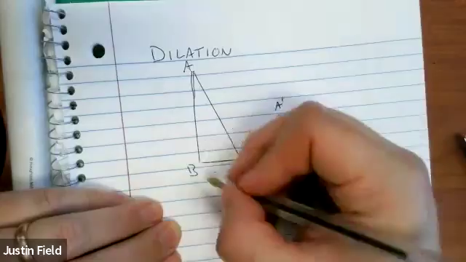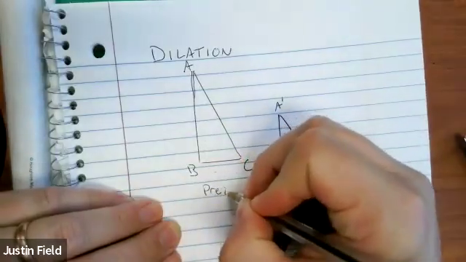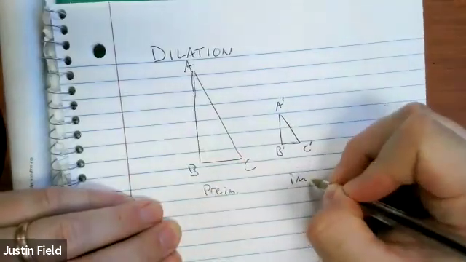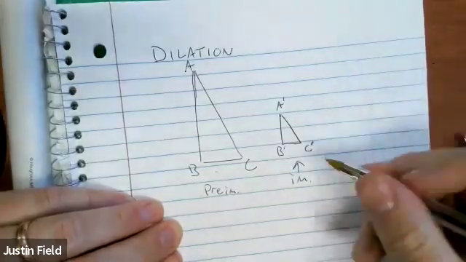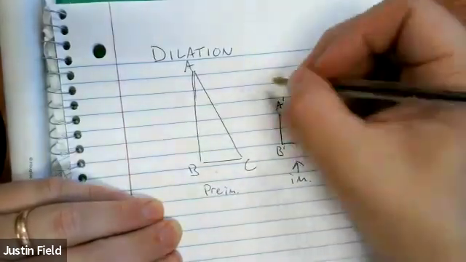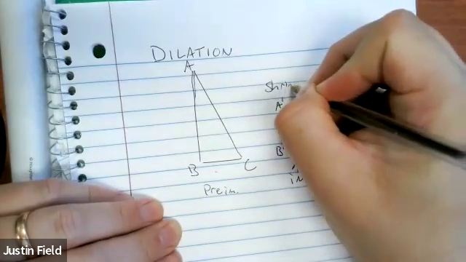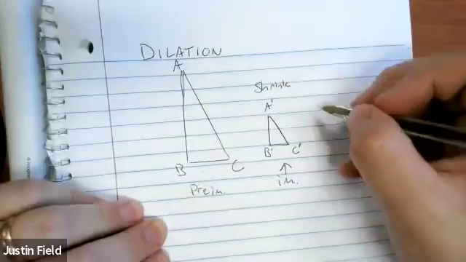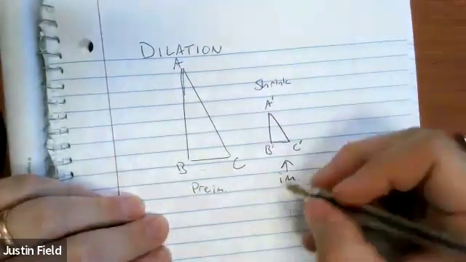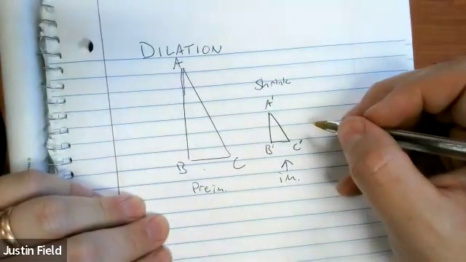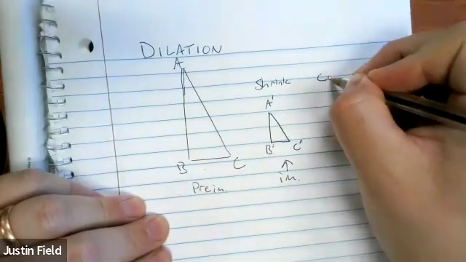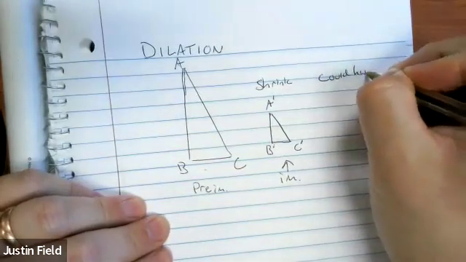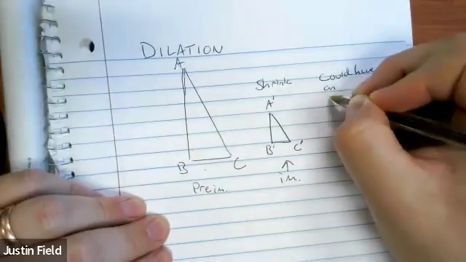There's our pre-image. Here's our image. Much smaller. This is called a shrink. But we could also have another pre-image that could have an enlargement.